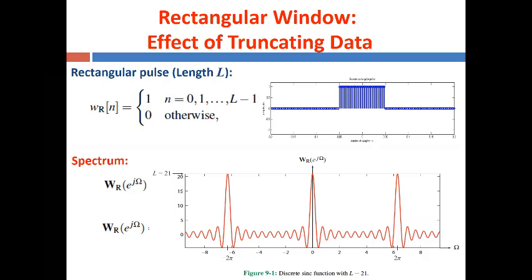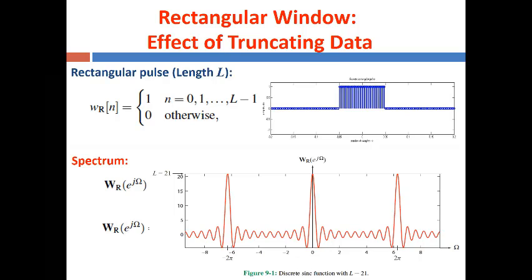So I'm going to get another copy of this DTFT centered at f equals 1, which is omega equals 2 pi, and f equals 2, and f equals 3, and minus 1, minus 2, minus 3. And those tails of the sinc function start merging together and aliasing and creating this repeating pattern that's sinc-like. It actually has a name. It's called a discrete sinc function, or a Dirichlet kernel.